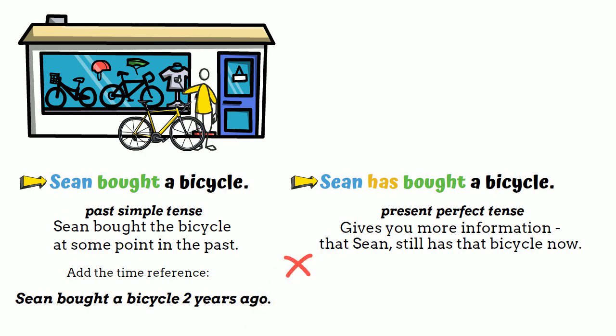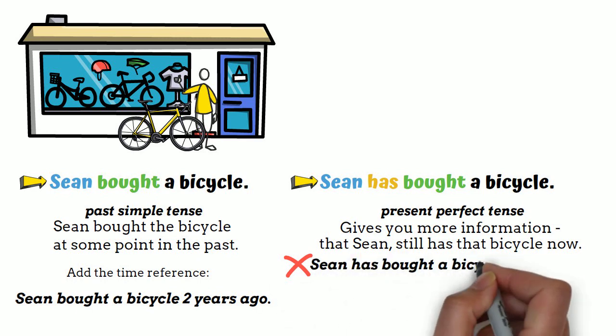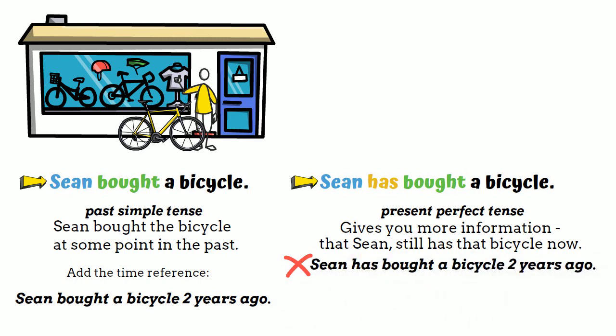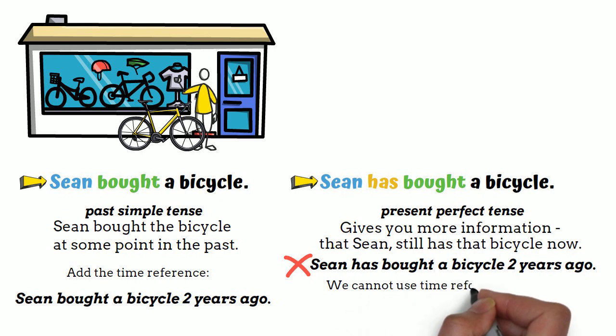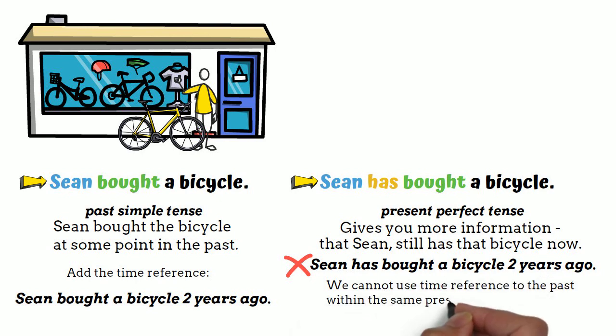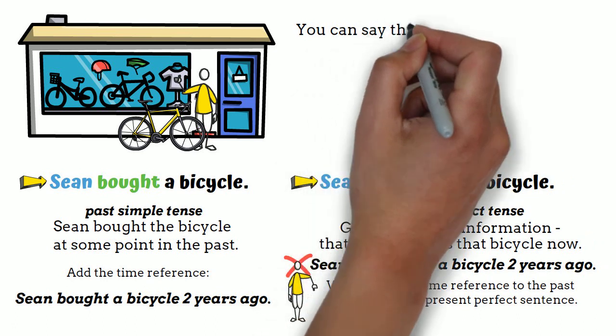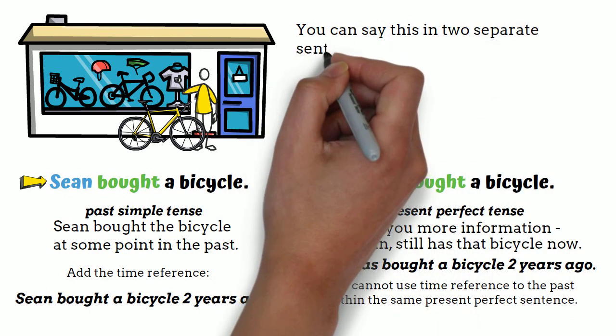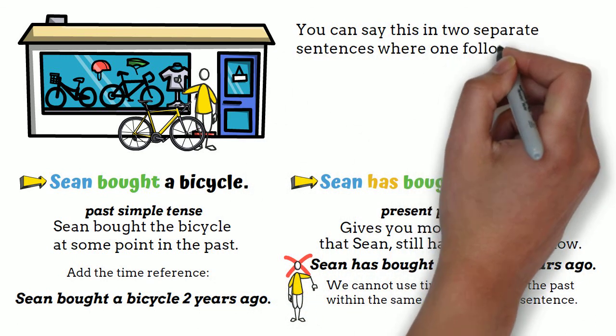Also, you could never say, for example, Sean has bought a bicycle 2 years ago. We cannot use time reference to the past within the same present perfect sentence. This would be incorrect. As a side note, you could, however, say this in two separate sentences where one follows the other.